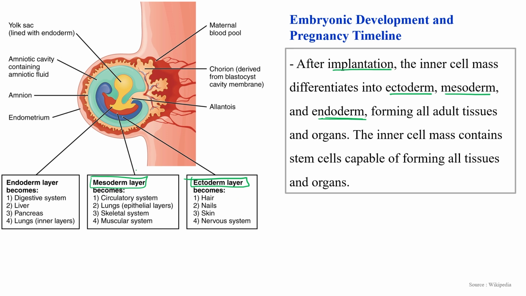From mesoderm, circulatory system, respiratory system, lungs, skeletal system, muscular system will develop. From endoderm, the digestive system, liver, pancreas, and inner layer of lung will develop. So these 3 layers contain stem cells capable of producing different organs of the fetus.